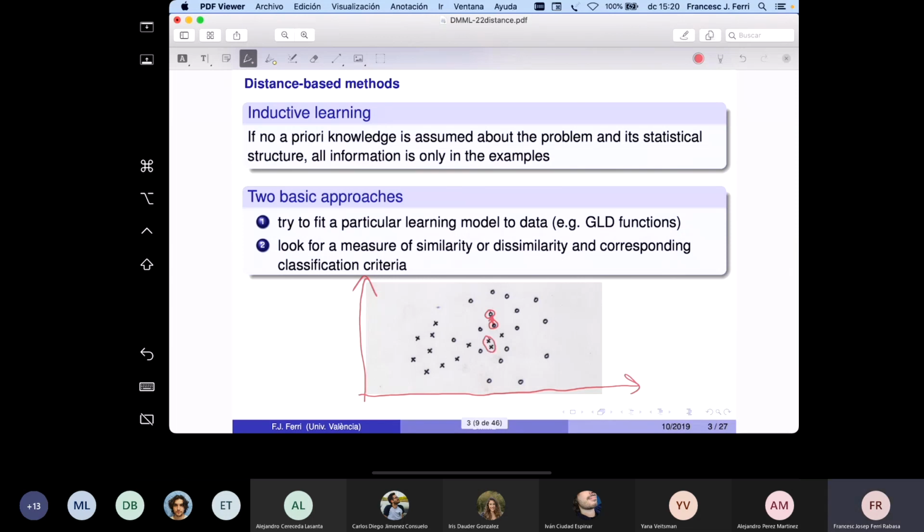Or these two. Is it okay? But not necessarily this measure of closeness directly translates into belonging to the same class. It's just an idea. Is it okay?